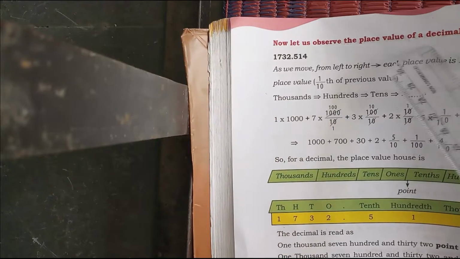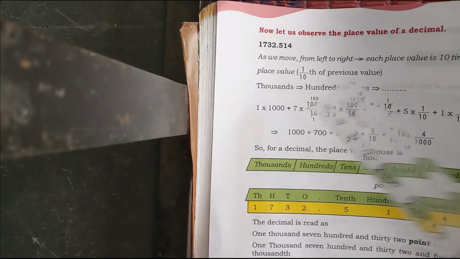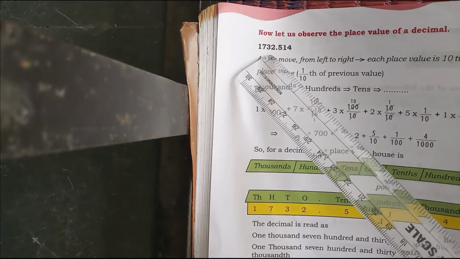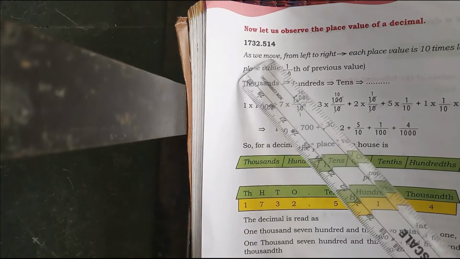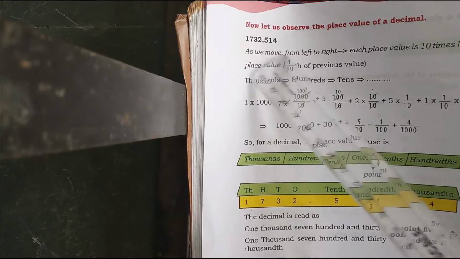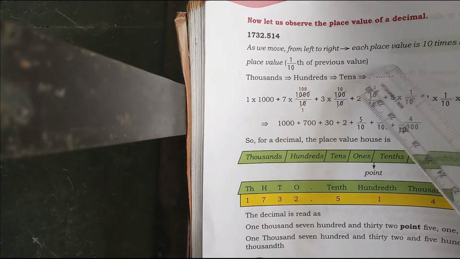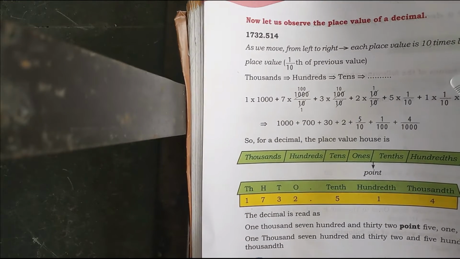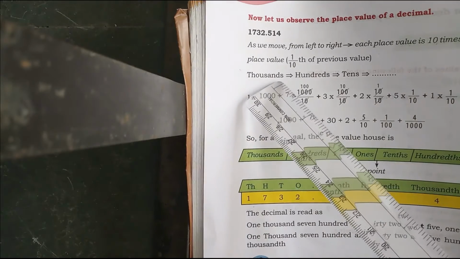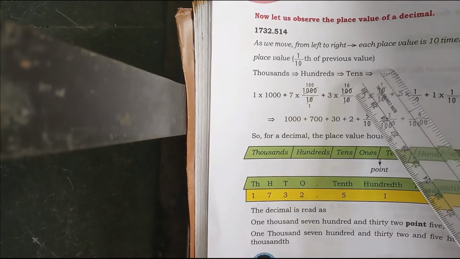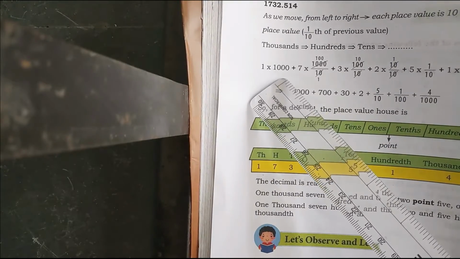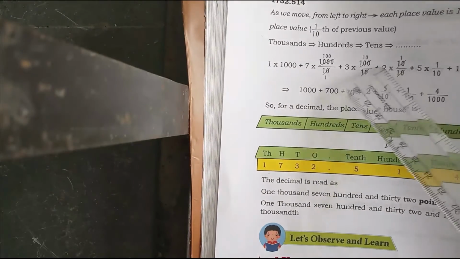Now let us observe the place value of a decimal. Here they have given 1732.514. As we move from left to right, each place value is 10 times less than its previous value. That means 1 by 10th of the previous value. That means thousands, hundreds and tens.